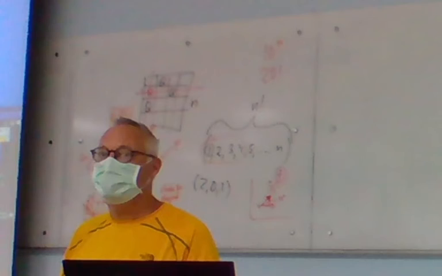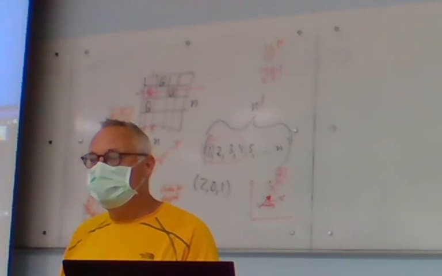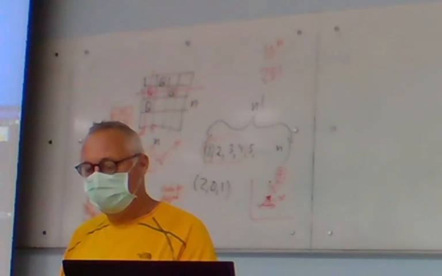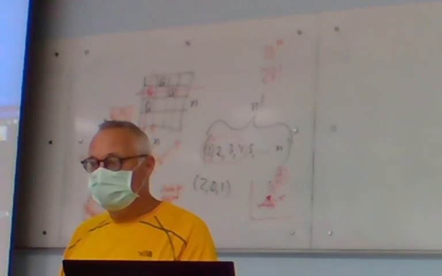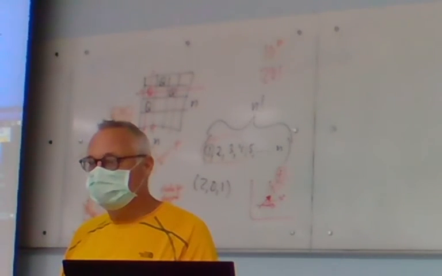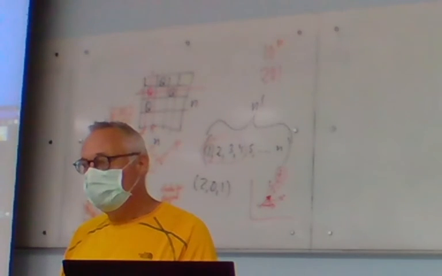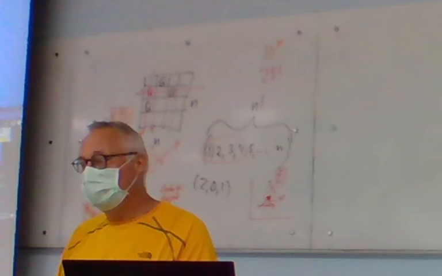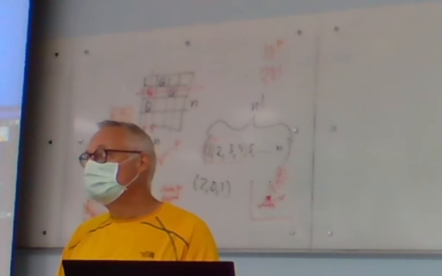We now have a definition of v star k, where v star k is equal to this, with k minus 1.